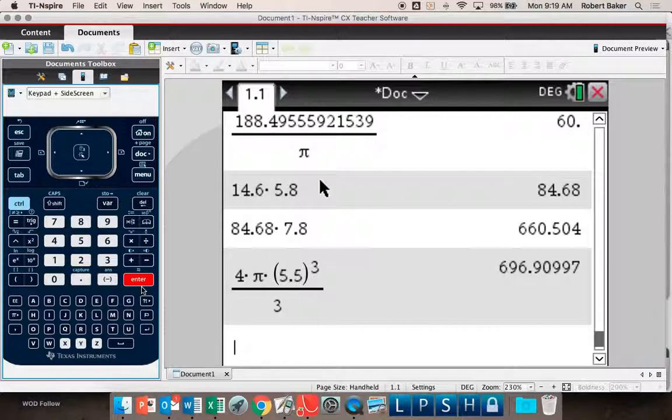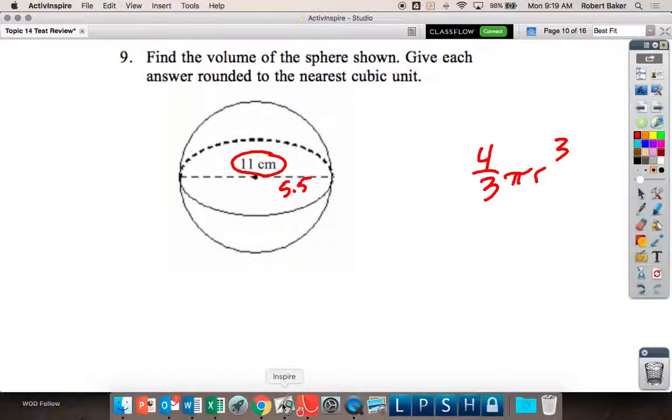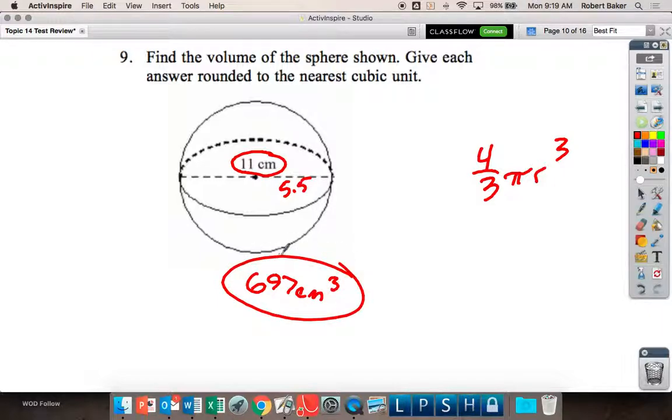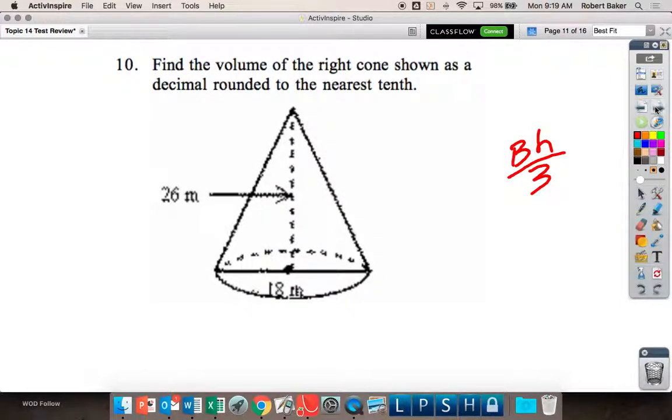It says round to the nearest whole number, so 697. Just take the r variable out and put in 5.5. Make sure you are using the correct exponent, not squared, but cubed.